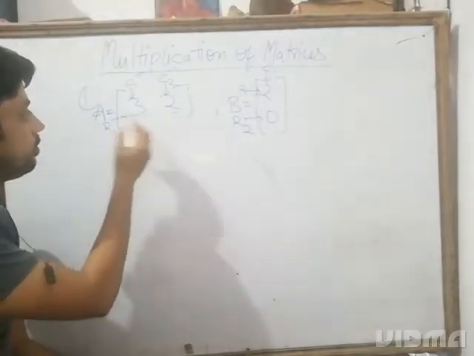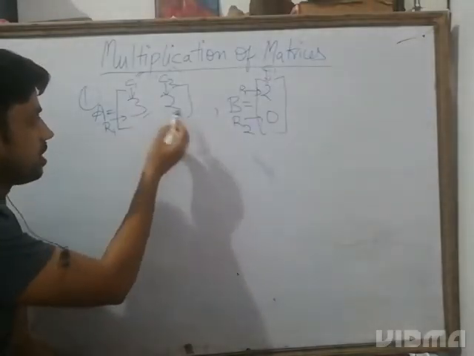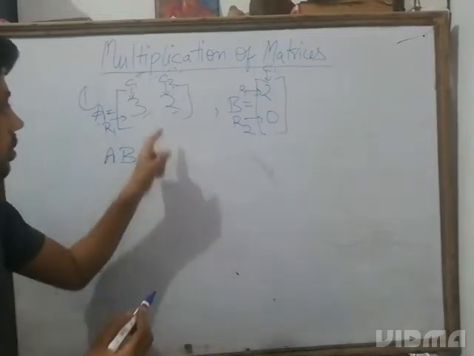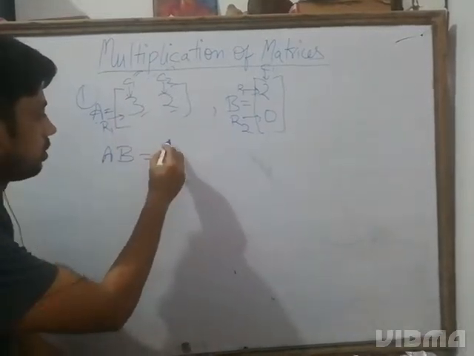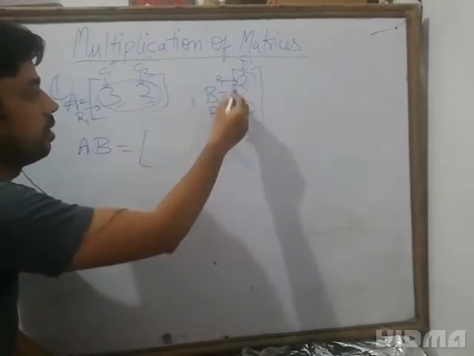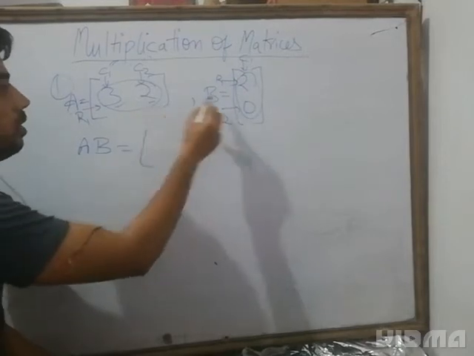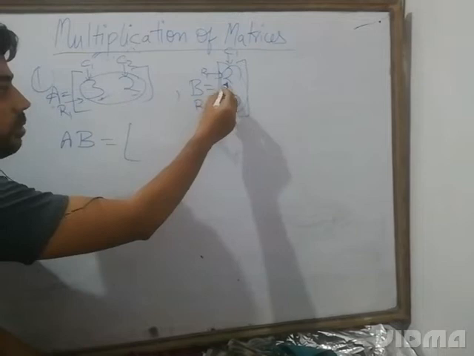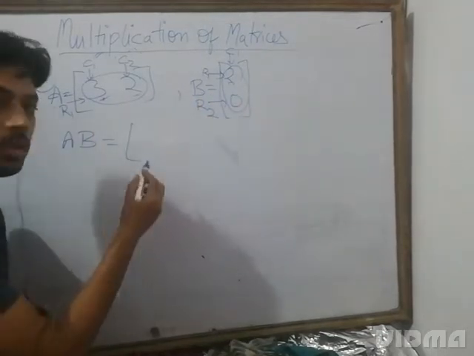Okay, so we will multiply this. See, AB. We always have to multiply this row into this column. How? The first element of this row we multiply with this column.